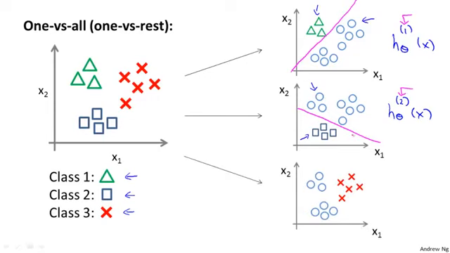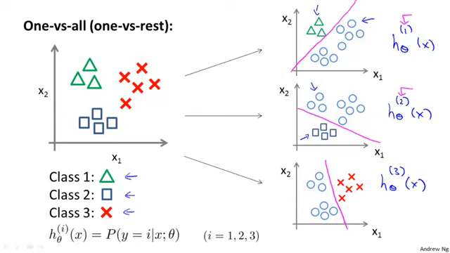And finally, we do the same thing for the third class and fit a third classifier, h superscript 3 of x, and maybe this will give us a classifier that separates the positive and negative examples like that. So to summarize, what we've done is we've fit 3 classifiers.